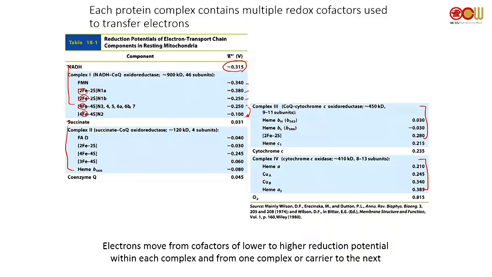So for example, you start with NADH, which is about minus 0.3. And you will get down to, for example, this portion of the iron sulfur cluster in your complex 1, which is about minus 0.1. Of course, you should notice that you have some, for example, 0.34 going to 0.38.